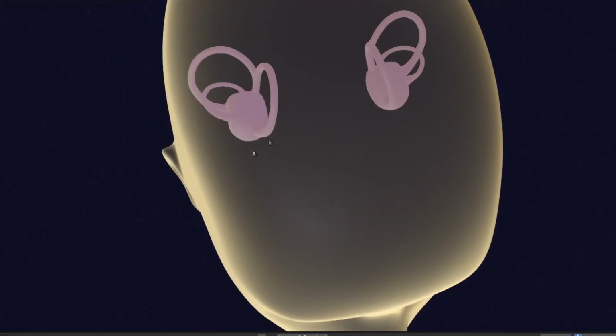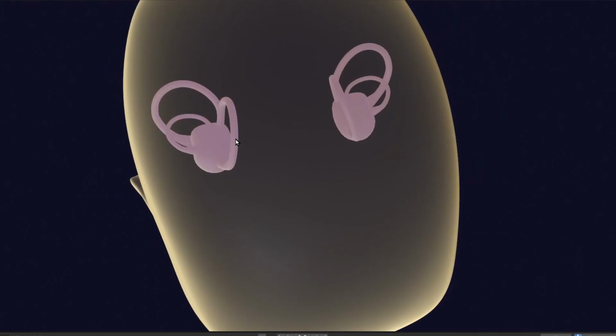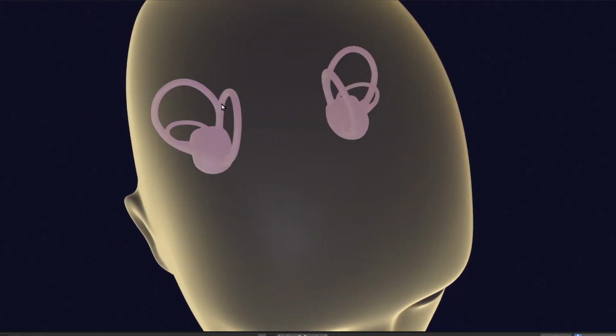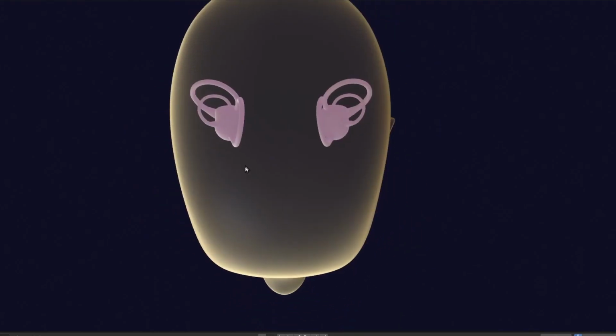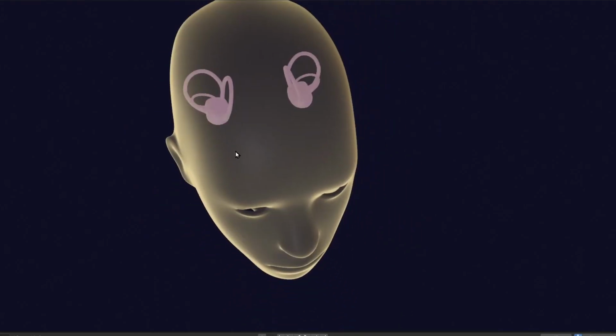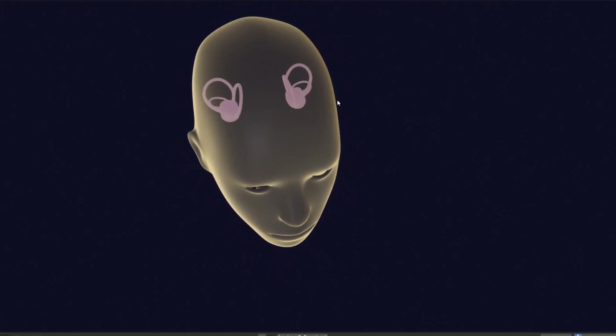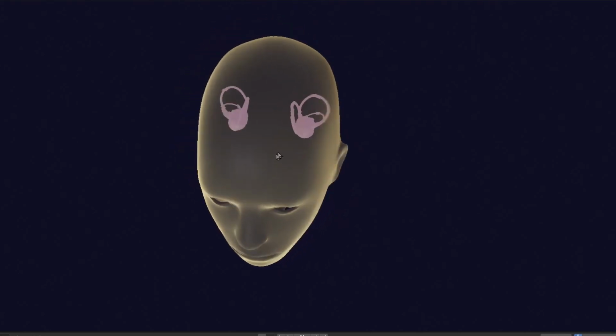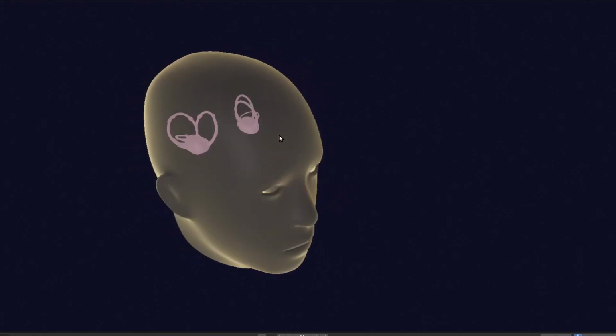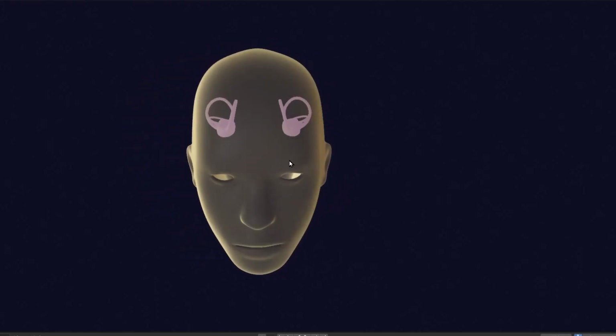Of course, these are not in perfect orientation, so some role of the other semicircular canals is also there, but mainly it is the anterior or superior semicircular canal which is involved in sensing this type of rotation of the head. Now let's suppose this person does another type of movement and he is saying, no, I am not going to do this task. That's a big no from my side.